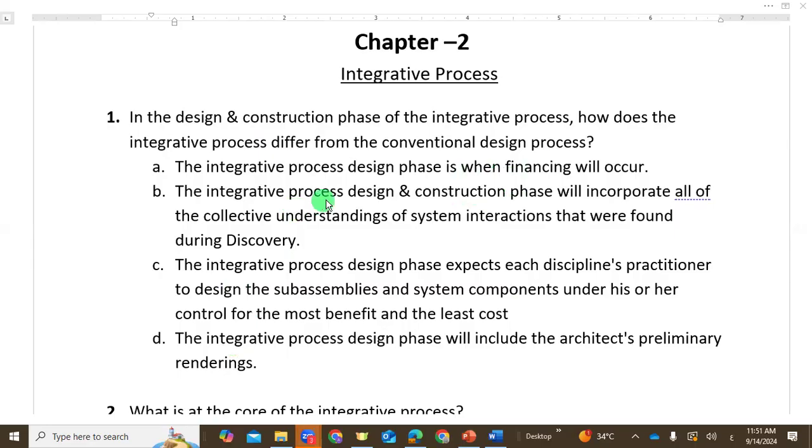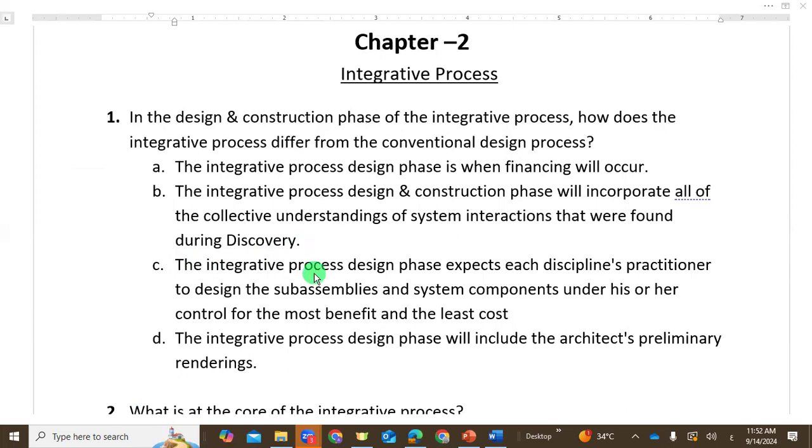The integrative process will incorporate all of the collective understanding of system interactions that were found during discovery. I would say yes, but not this answer. They always give you the correct answer nearby, and an answer very far out of the scope.